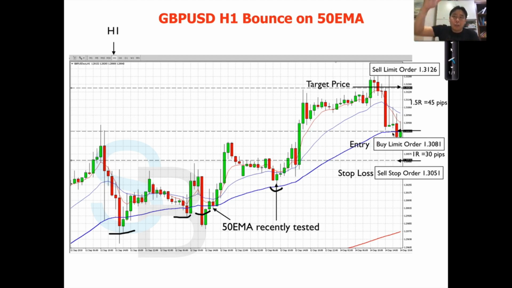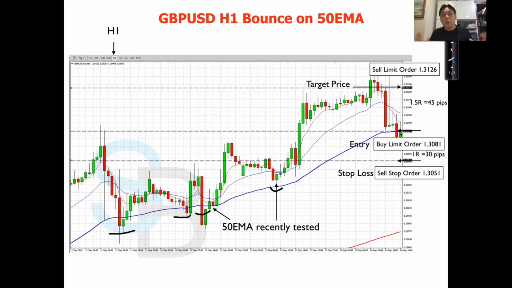So what you can do is wait for the price to hit the 50, go below it, okay? And then quickly put a buy stop order at the 50 moving average. So instead of a buy limit, use a buy stop. Remember, a buy stop order means you buy only when the price goes above the current price, right? So it hits the buy stop and you're in.